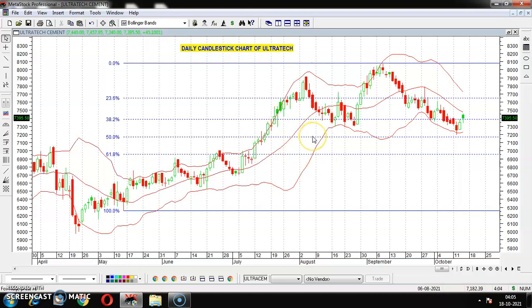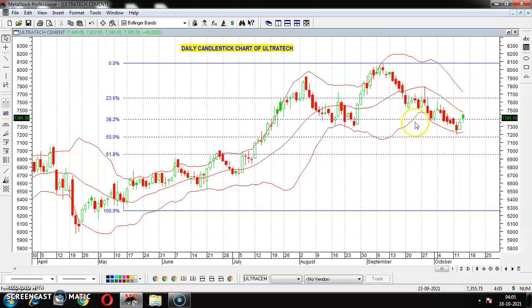Generally in Bollinger Bands three kinds of lines are found. This is the middle one, known as the middle band. This one is the upper one, known as the upper band, and this lower one is known as the lower band. If the distance between the upper and lower bands is very high, then we can say the volatility is very high.